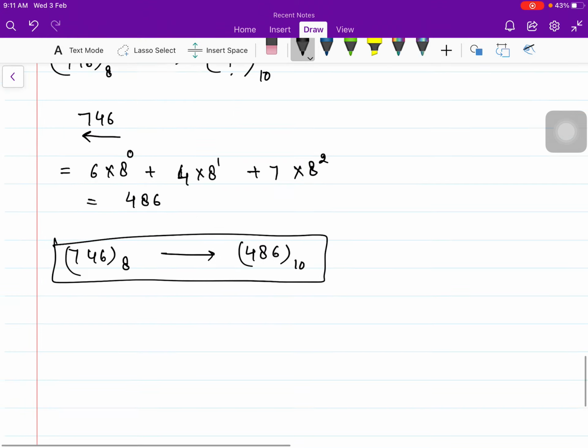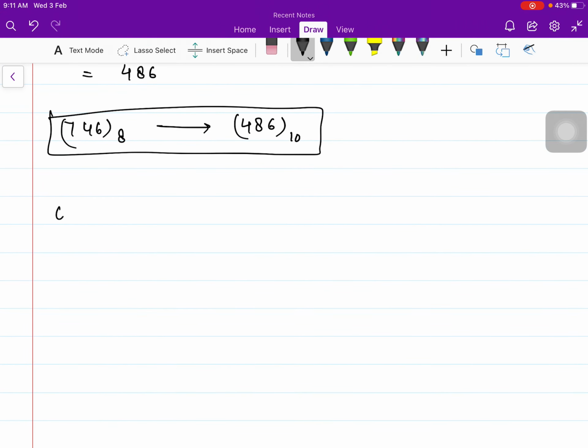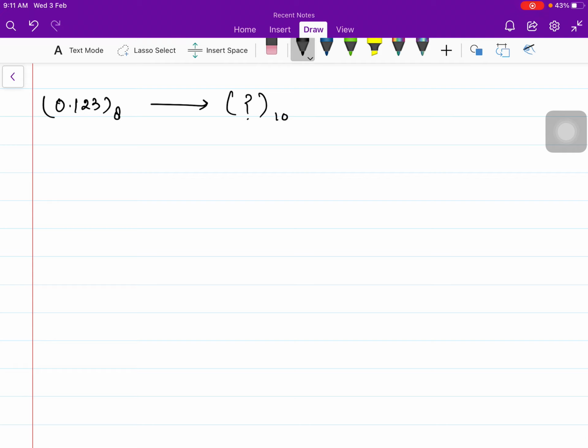Very, very simple. Similarly, if we have been given a question in points, that is 0.123 in octal, and you are asked to convert it into decimal, then the same process as you were following in the case of binary to decimal conversion. It is after the decimal, so we will move from left to right, and 1 into 8 to the power minus 1 plus 2 into 8 raised to the power minus 2 plus 3 into 8 raised to the power minus 3.